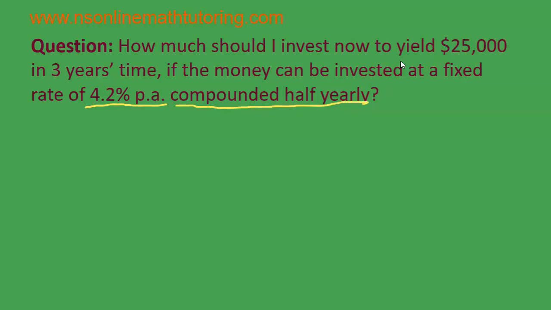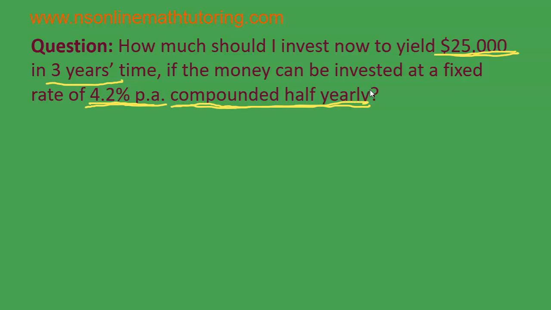The amount that I am getting back is $25,000 after 3 years. The rate of interest is 4.2% per annum and the compound interest calculation is done twice in a single year, that is compounded half yearly.